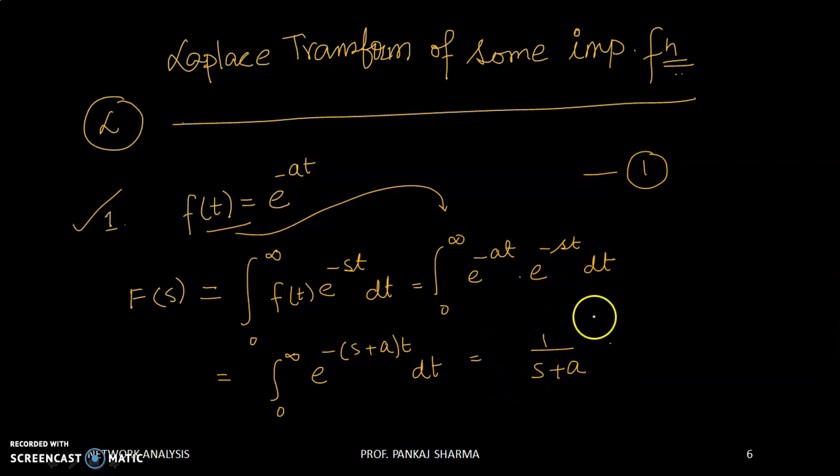Look at this, 1 by s plus a, it is basically algebra. So consider this for a bigger system which is heavier in time domain and differential equations having lots of integrals also. If that is converted into this kind of algebraic equation, that requires very less time to solve.